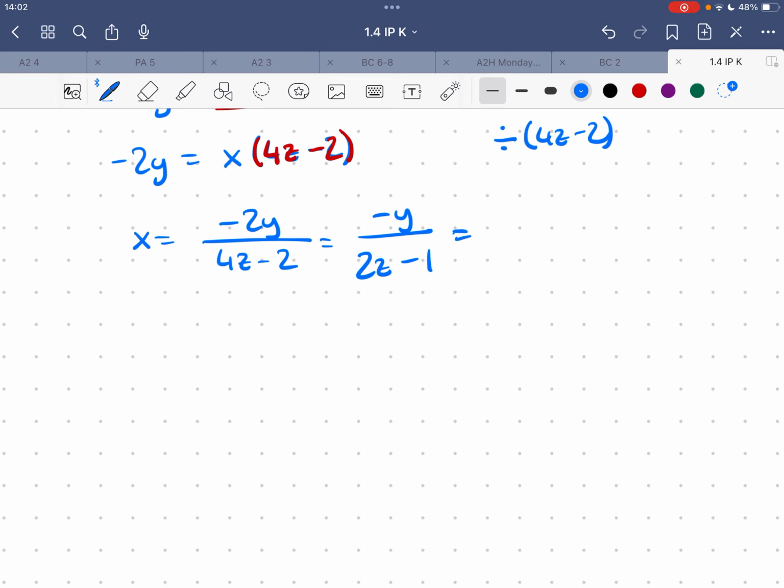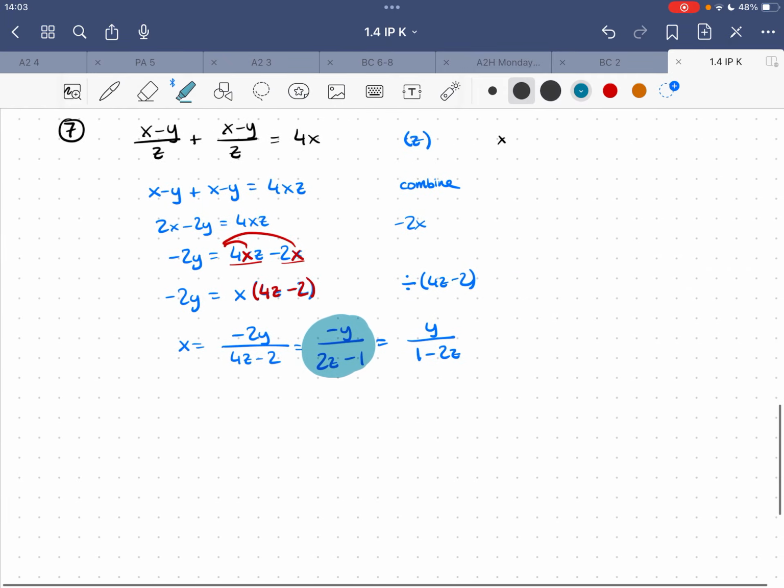To get rid of that negative, I'm going to multiply the top by negative 1, and multiply the bottom by negative 1. That's going to give me this. What I'm going to do is change the order, because I think it looks much cleaner to have the positive minus the negative, instead of a negative plus something. So that would be the answer. If you want to stop here, that's perfectly fine. I like it more that way.